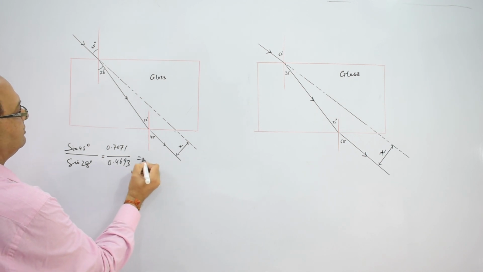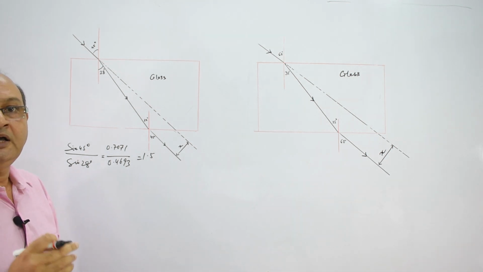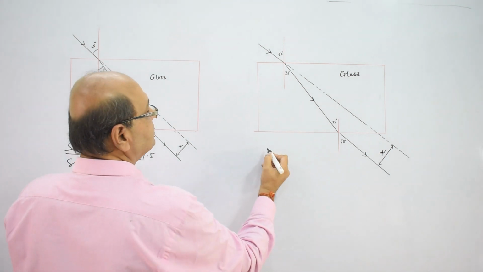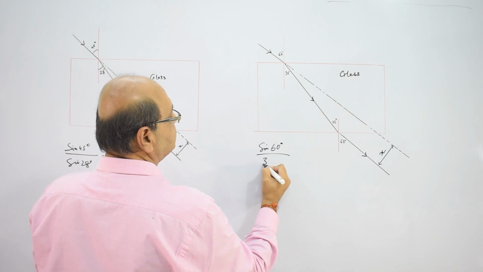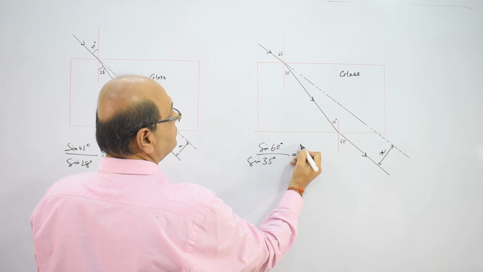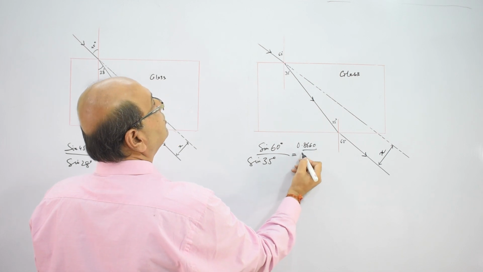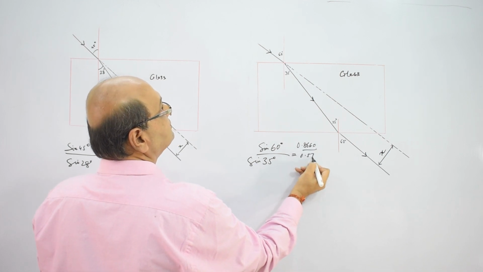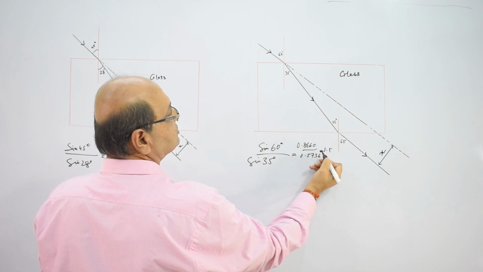Approximately it will give you the answer 1.5. Now if you take the other one, sine 60 upon sine 35, that is 0.8660 upon 0.5736, which is equal to 1.5 again, approximately.